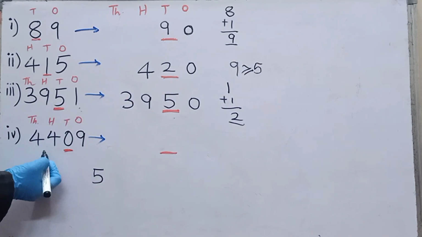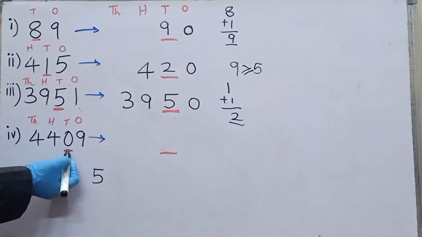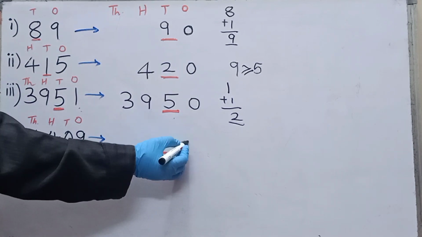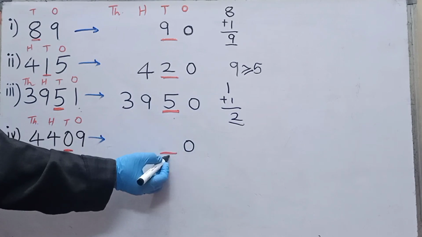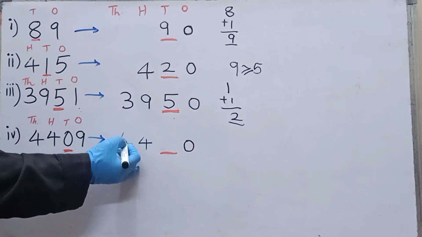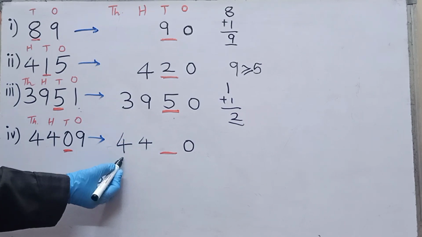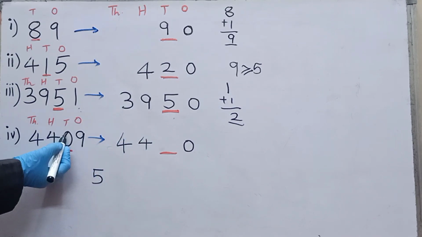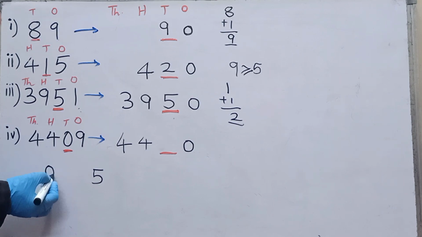Okay. Now next number is 4409. So in ones place first we have to write 0. Leave the tens place. Write hundreds place number. Then thousand place number is also there. So we will write that also. Now we will copy the ones place number in the rough column.